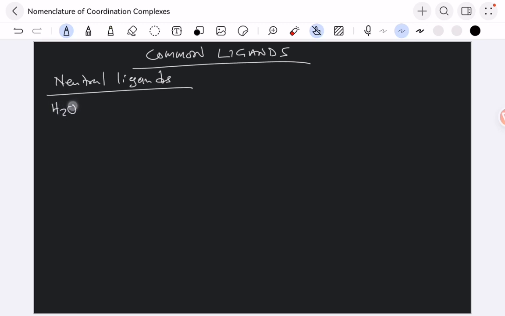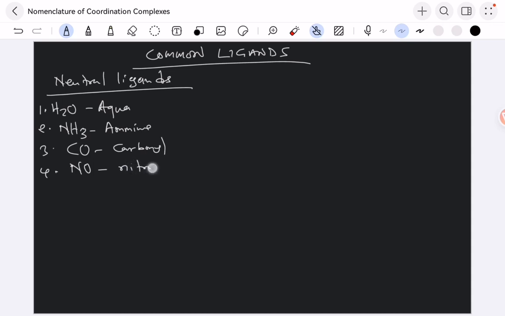We have H2O, which is known as aqua. We have NH3, which is known as ammine. We have CO, which is known as carbonyl. We have NO, which is known as nitrosyl. These are the common neutral ligands.